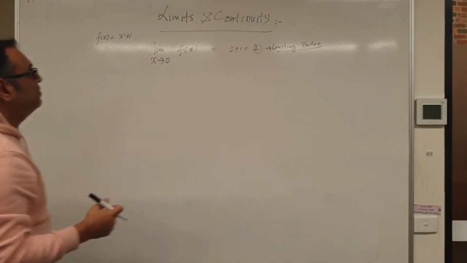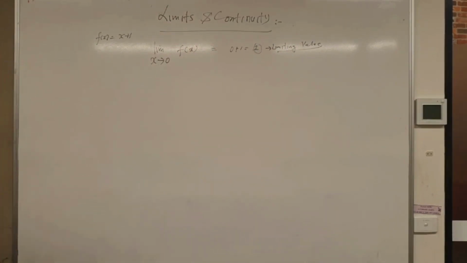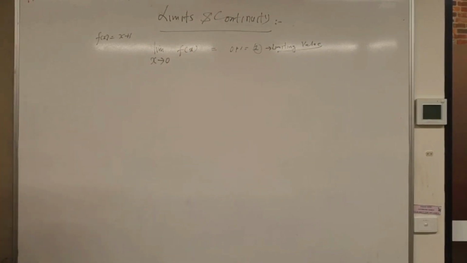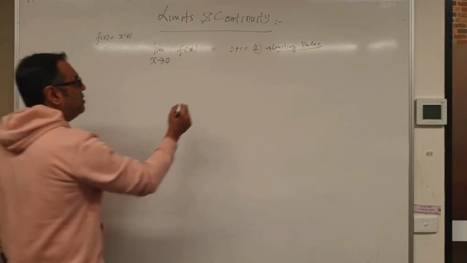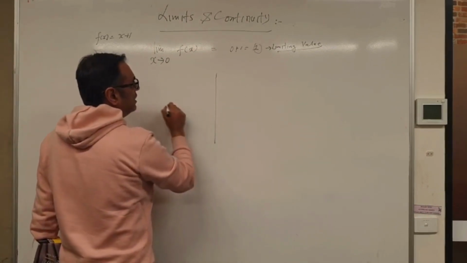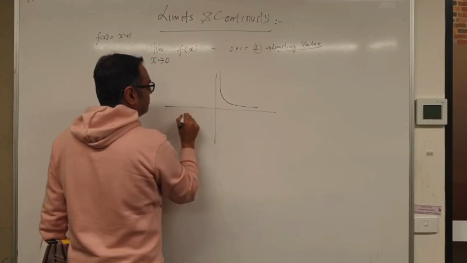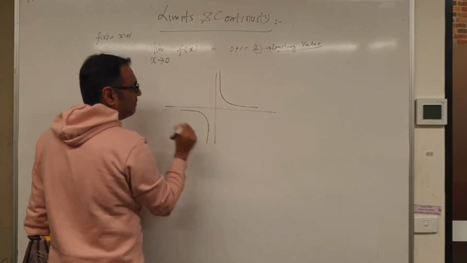Now, let's take an example of the rectangular hyperbola. The rectangular hyperbola has this kind of graph, right?